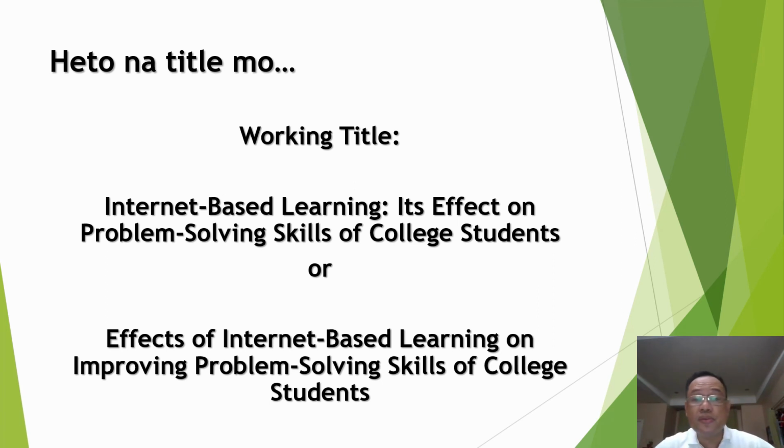So between these two working titles, which would you choose? Whichever you choose, these two working titles are already research problems. They are appropriate, they are manageable, it is novel, and it is feasible.